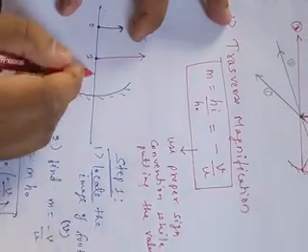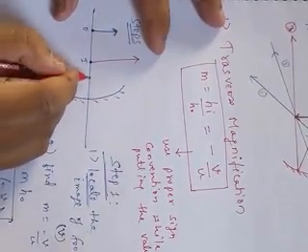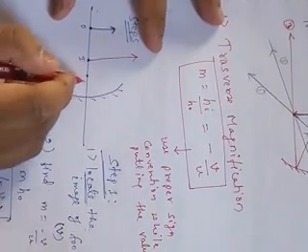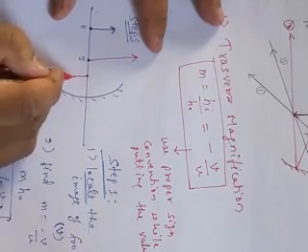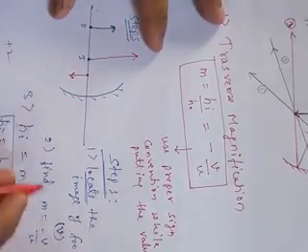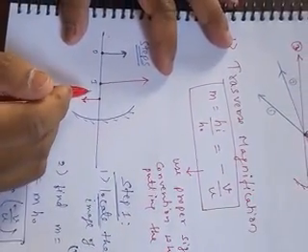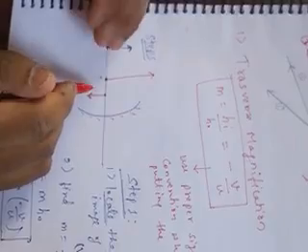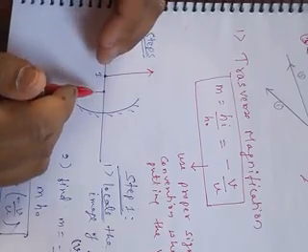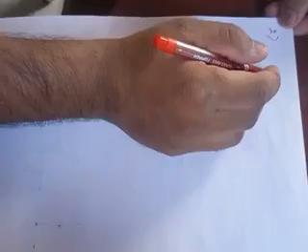If, in some other case, the image is here and its magnification equals minus half, then minus half means it will be half of the length of the object. So this is the meaning of plus or minus. If the magnification comes plus, it should be above the principal axis. If the magnification is negative, it should be below the principal axis.